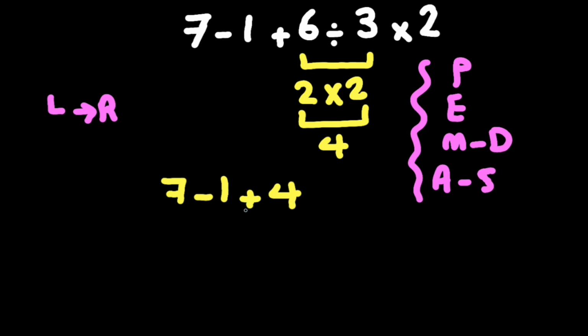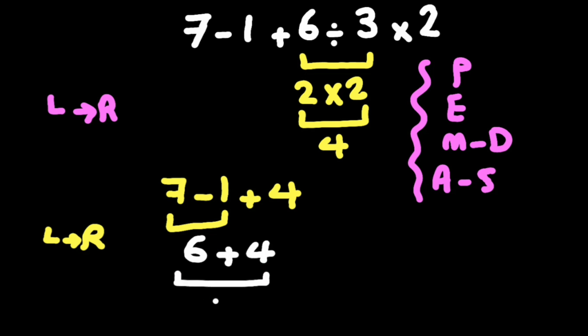And as we know, subtraction and addition are equally important, so we have to solve from left to right. Now 7 minus 1 gives us 6, and 6 plus 4 gives us 10. The final answer is 10.